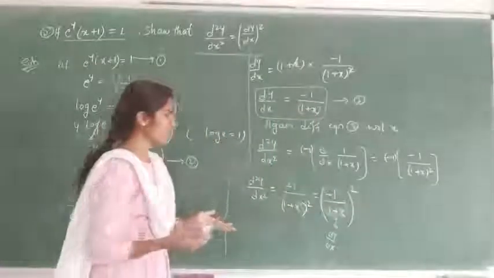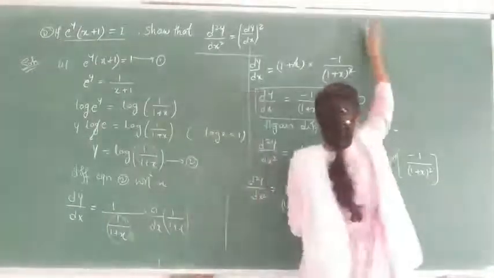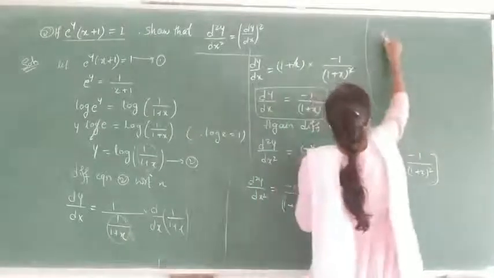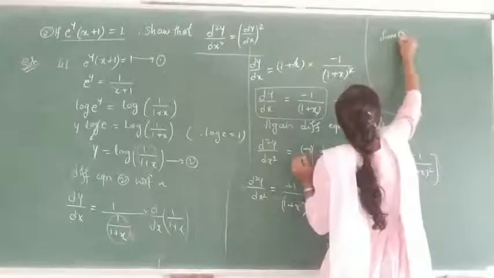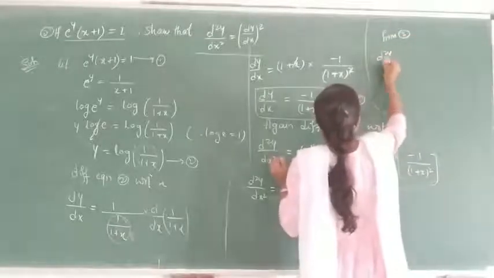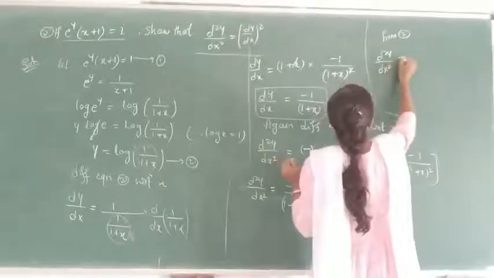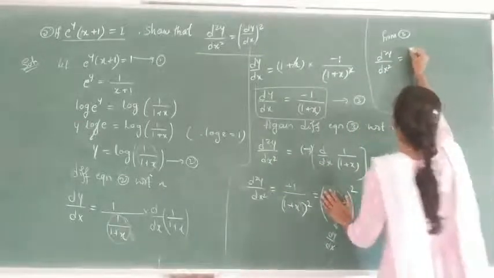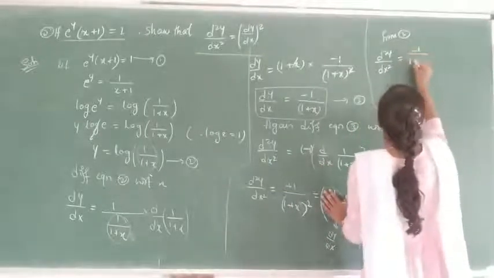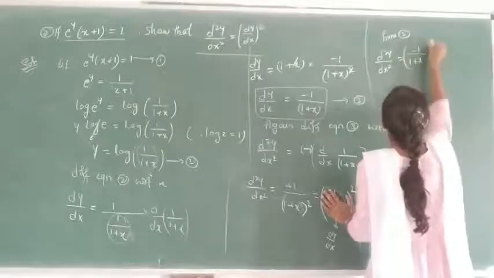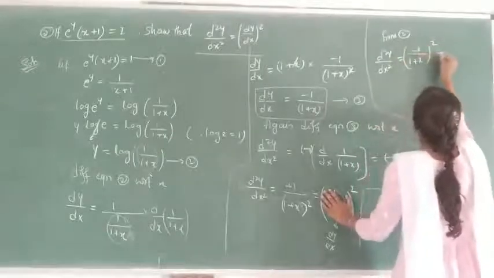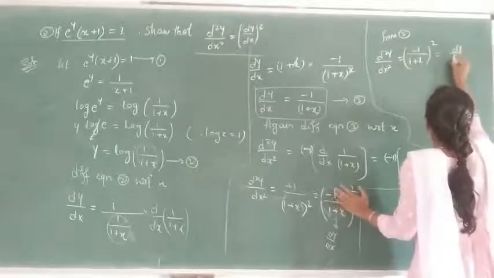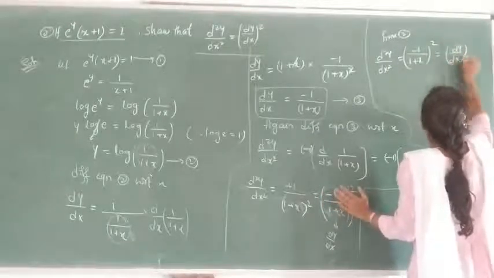So from 3 I can write d square y by dx square is nothing but, this term can be written as minus 1 by 1 plus x whole square, that is, minus 1 by 1 plus x is dy by dx, whole square.